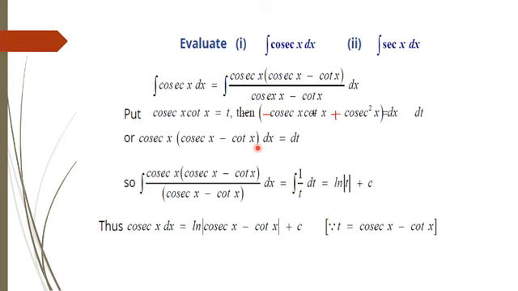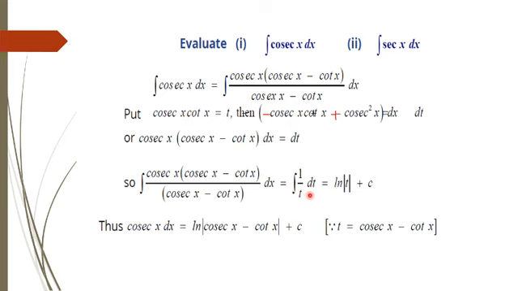Put cosecant x minus cot x equal to t. Then cosecant x times cosecant x minus cot x dx is equal to dt, which means we can replace it with dt in the numerator, and in the denominator cosecant x minus cot x is equal to t.